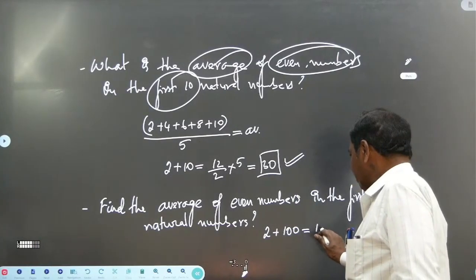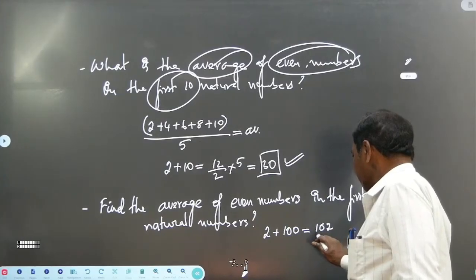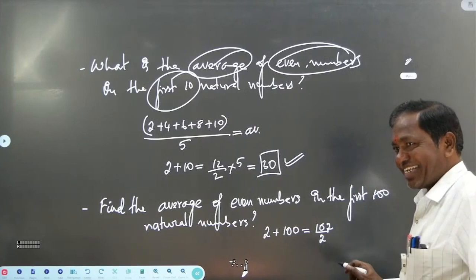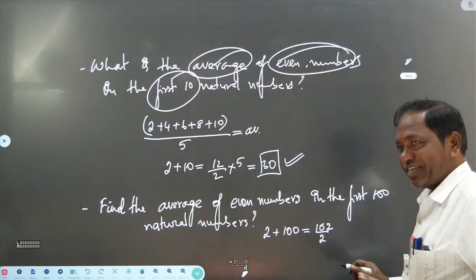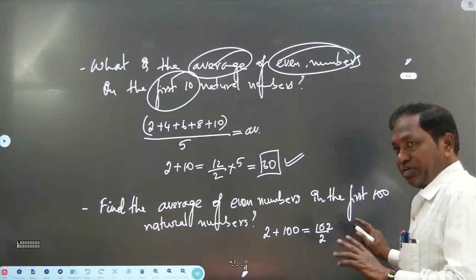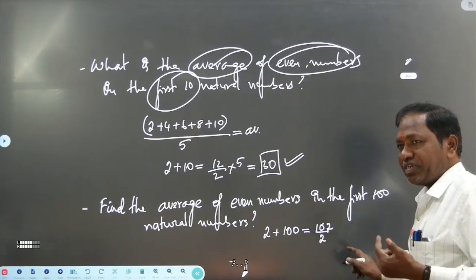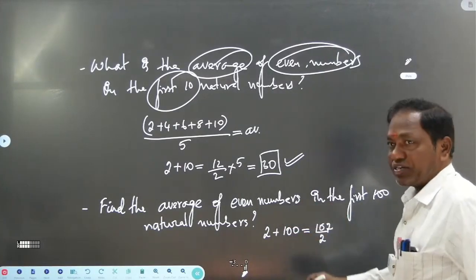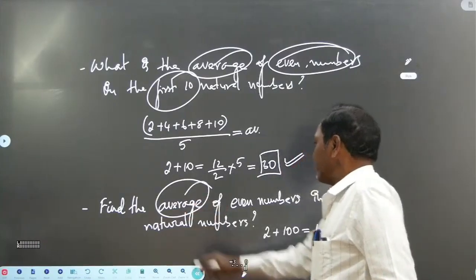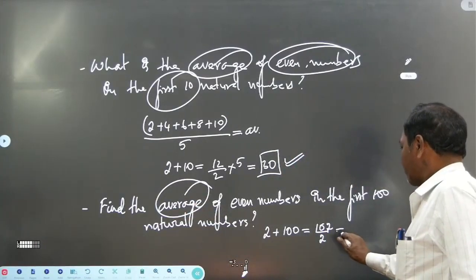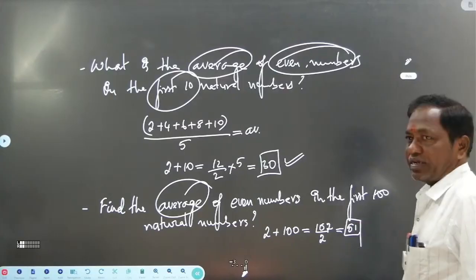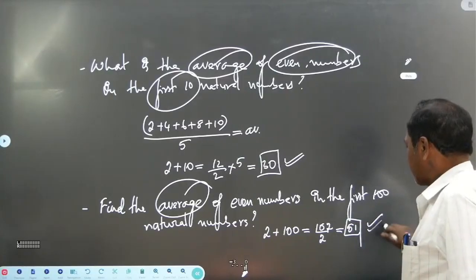Then what? Sum of the two even numbers is 102, by 2, you get the average. Don't simplify that yet. If you do this, your result will be the average. But okay, only the average we wanted to know. You can simplify now. It equals 51. That is the thing.